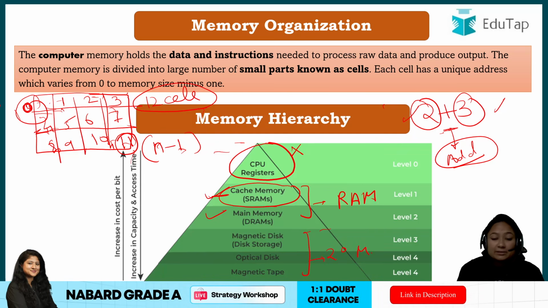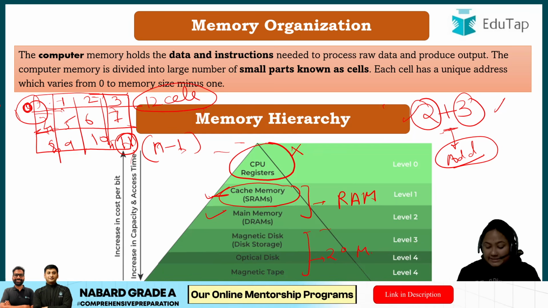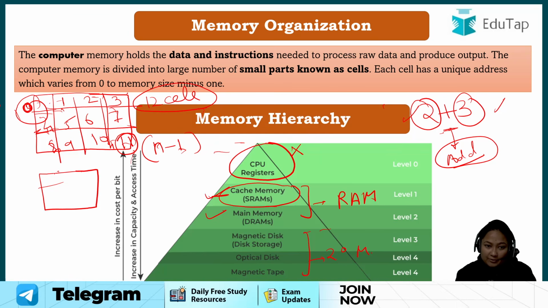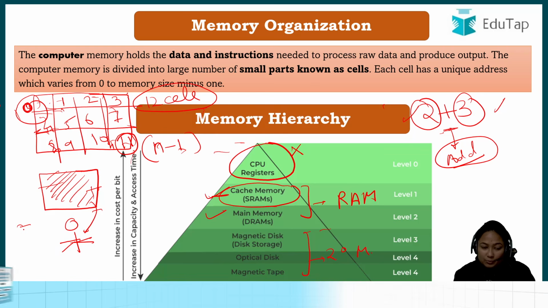Now let us understand how everything works. Let's say you have your room, and here you store everything, all your documents, all your books, everything. Now when you are going out, you will pick up 2 or 3 items.